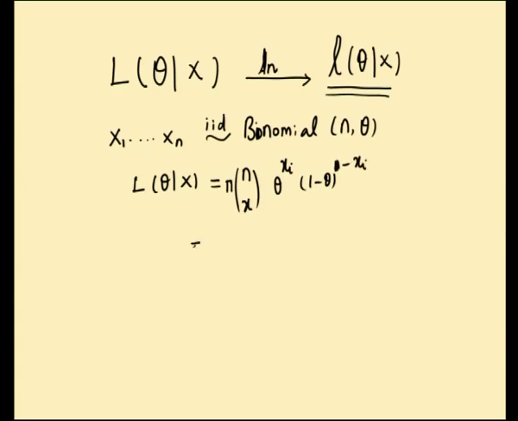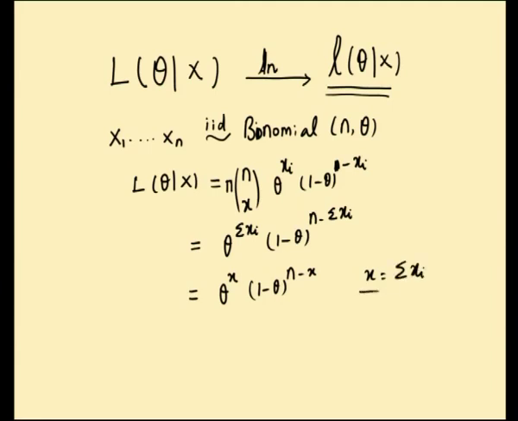Ultimately we have theta power sigma xi times 1 minus theta power n minus sigma xi. So I may simply write it as theta power x into 1 minus theta power n minus x. So, what is my x? It is sigma xi. For simplicity I just rearrange the term.